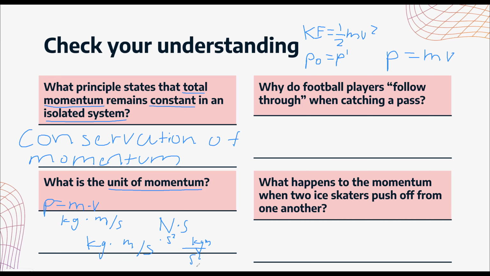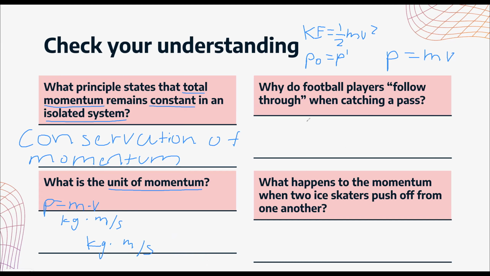Kilograms times meters per second. What is the unit of newtons? Newtons are kilogram meters per second squared. So yeah, wait, this is wrong. Oops. Just forget what I said about this. Okay, kilograms times meters per second.